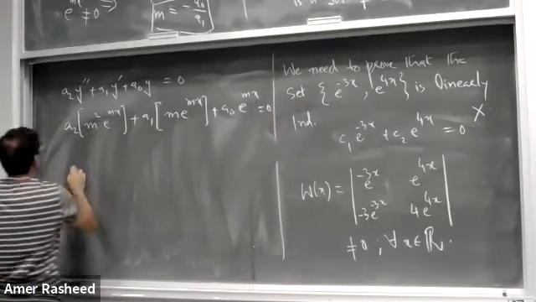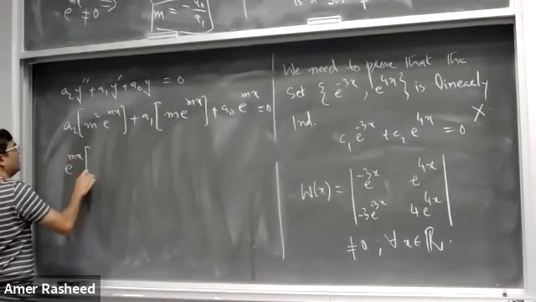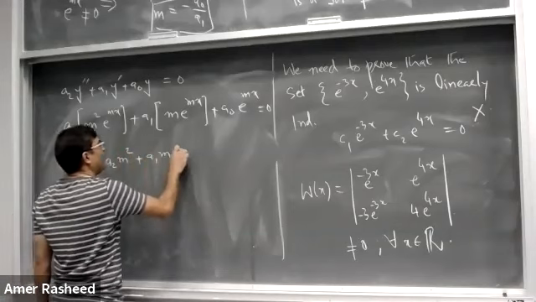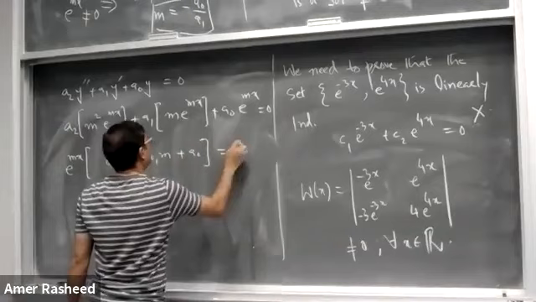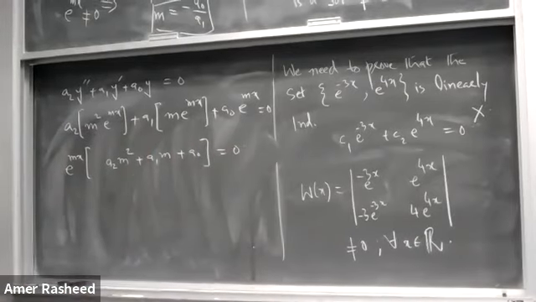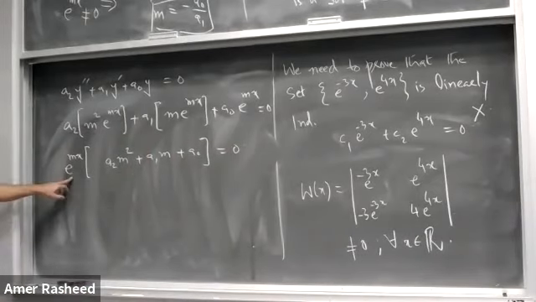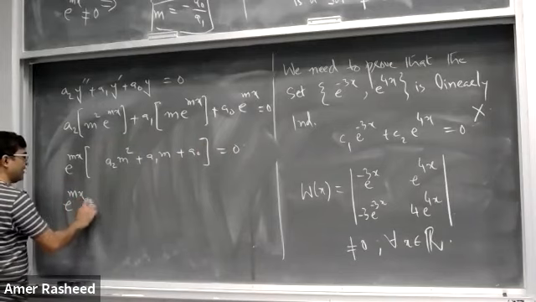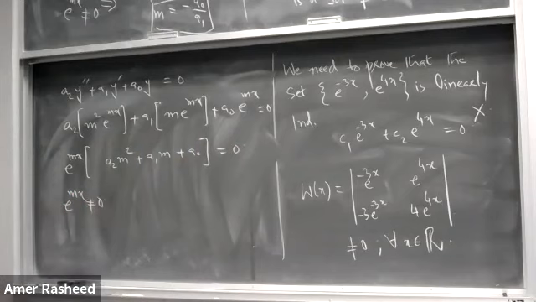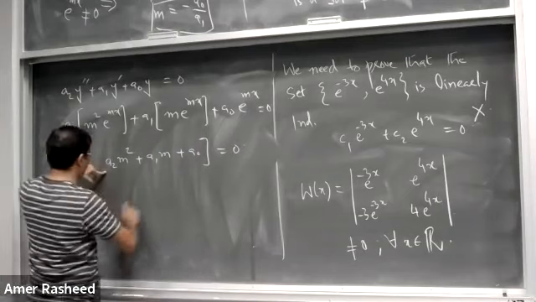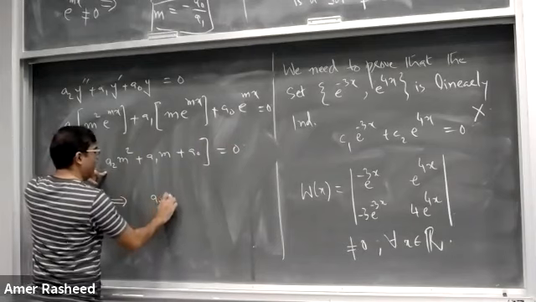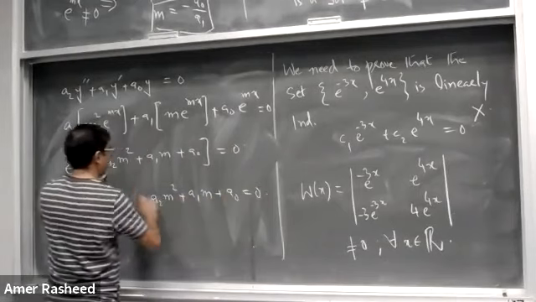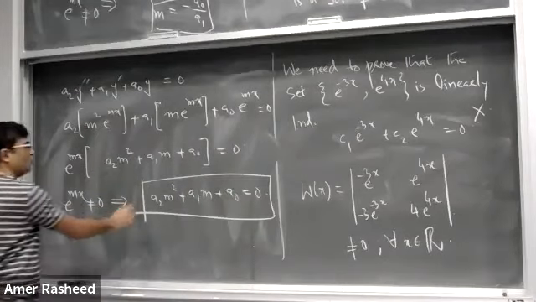Now we can take e raised power mx common, and we obtain a2 m square plus a1 m plus a naught equal to 0. This is the product of two functions equal to 0, and e raised power mx cannot be 0 because an exponential function is never 0. So this function must be 0. This implies a2 m square plus a1 m plus a naught equal to 0, which is a polynomial of degree 2 in m.